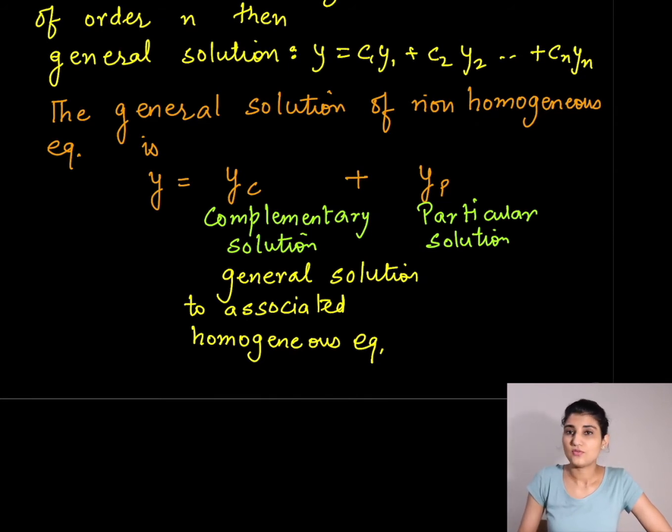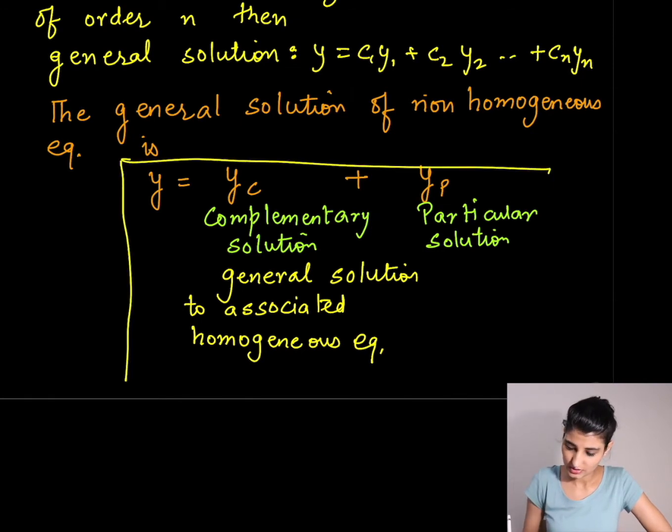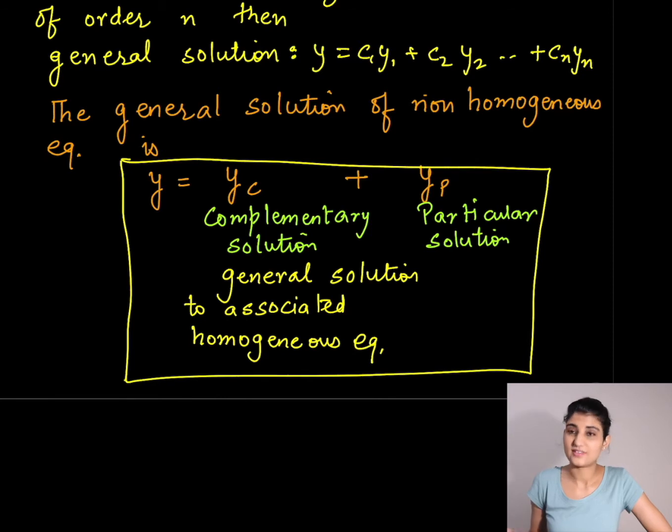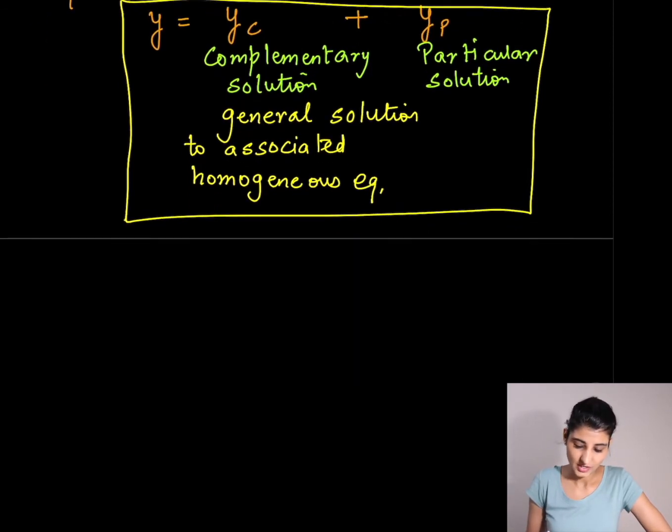The yp won't have any constant. So in general the whole solution is going to involve n constants. This was the discussion of how we write our general solution when we have both yc and yp.